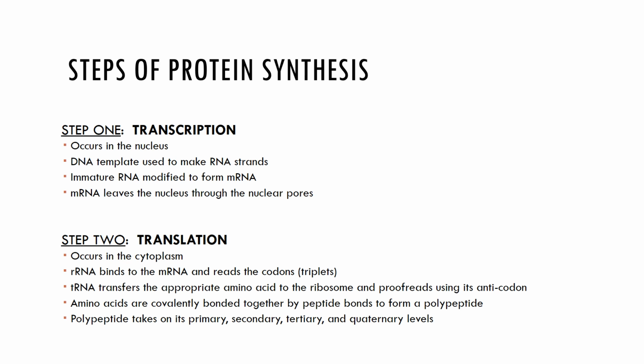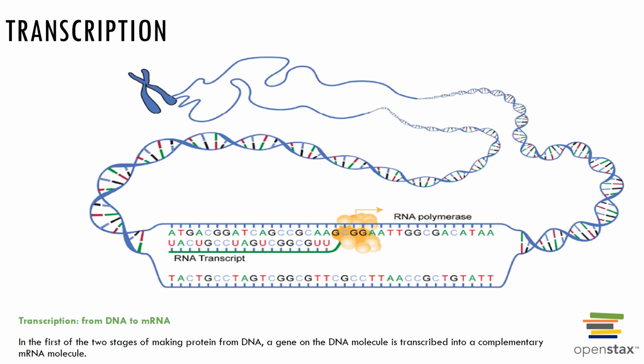So let's look at the process of transcription in a little bit more detail. So transcription is where we go from DNA to messenger RNA. Now, DNA is bound together in a helix, and the helix needs to unwind.